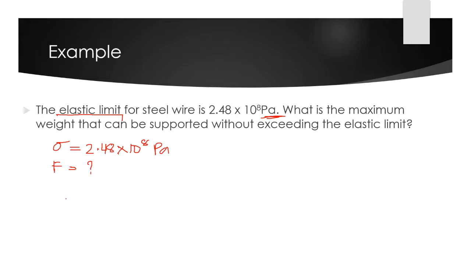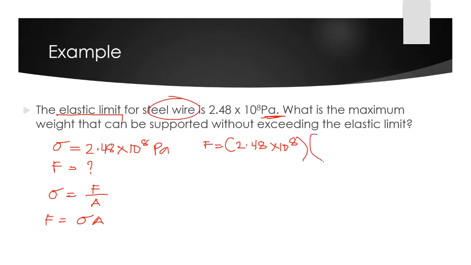So in order for us to solve for this one, as we all know, stress is equivalent to force over area. And since we are looking for the force, it is just equivalent to stress times the area. So that being said, F is equivalent to 2.48 times 10 raised to 8. And again, that is steel wire, so the area for that one is the area that this example is connected to the last example.